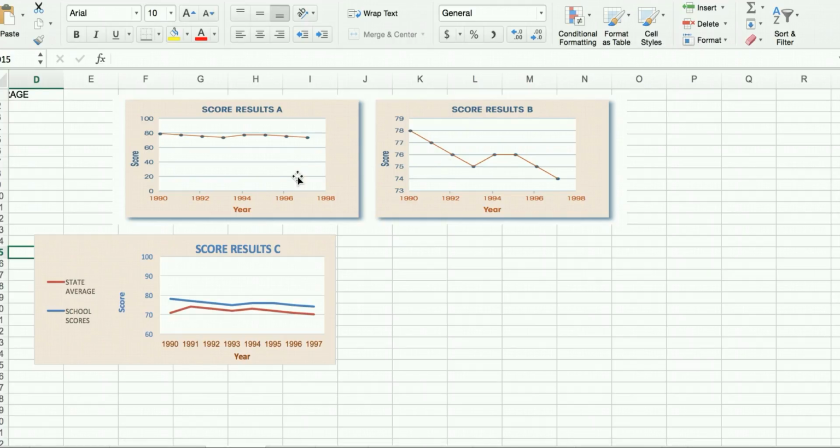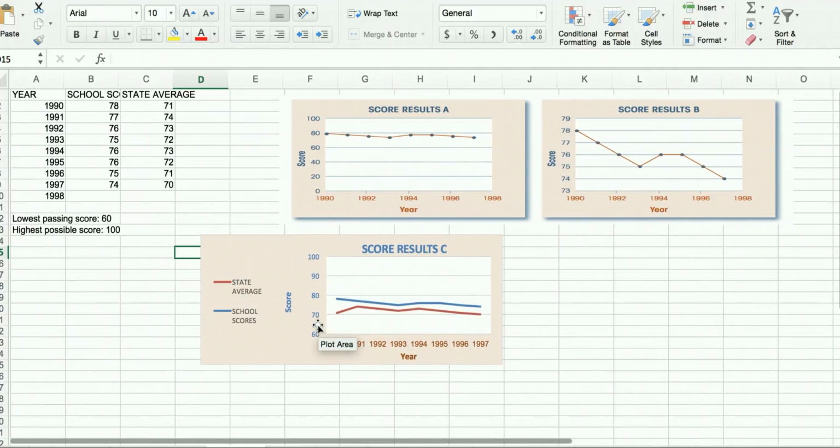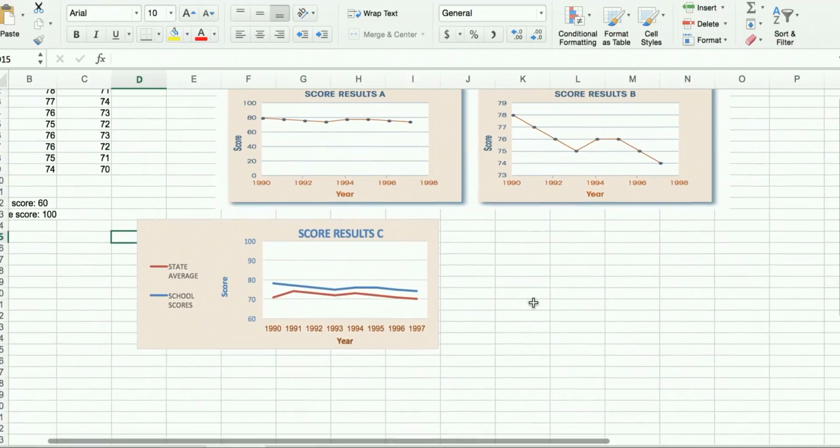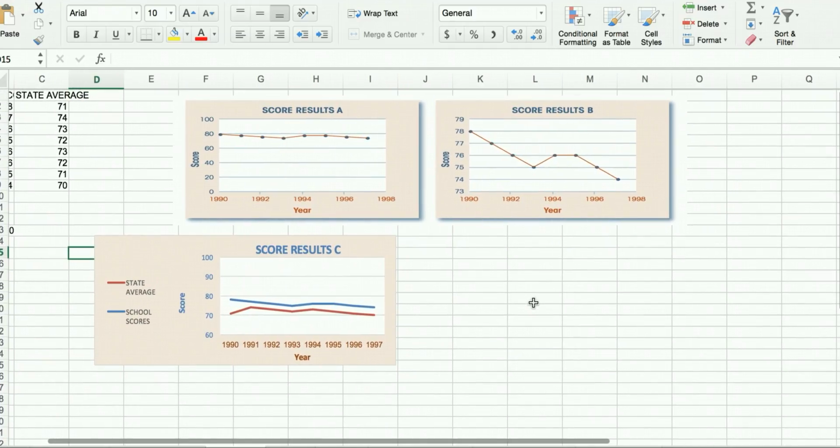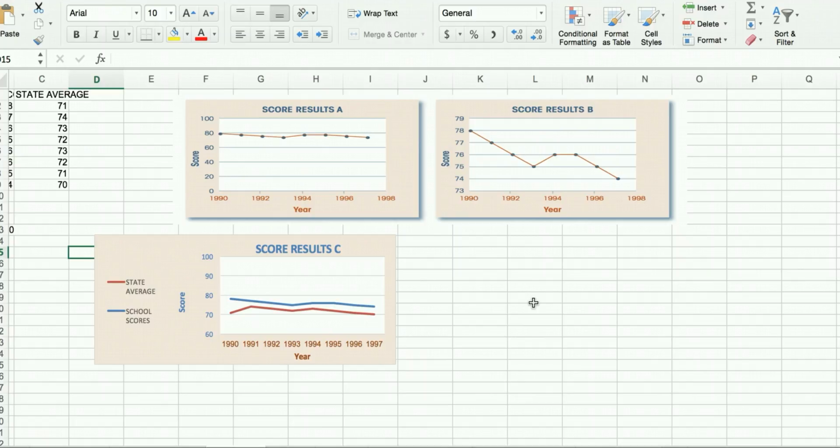So here's the information from the slide, and these are the score results that I made. You see I put the data there. And now you still get the truthful downward trend that you see here.